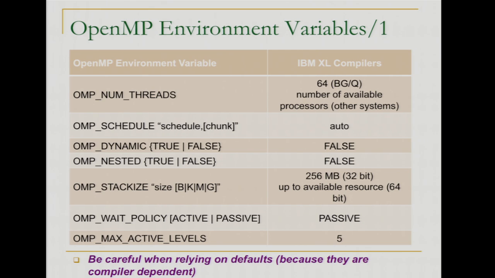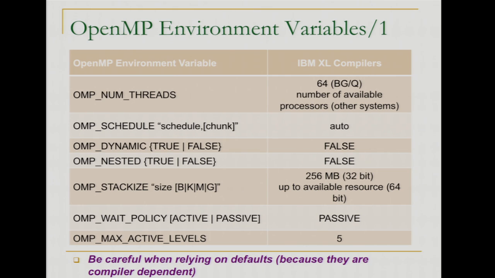And so for example here, the default schedule for IBM is auto or automatic, which means that the implementation is going to say reserve the right, I guess you could say, to do its best for you. It will choose whatever schedule it thinks is best for you if you don't say what it is. That could have been static, right? For some it's static.